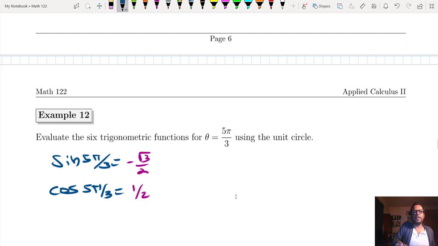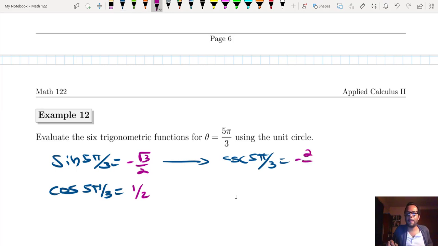Okay, in a way, the other freebies are cosecant, because cosecant is just the reciprocal of sine. And I'm skipping the rationalizing process.